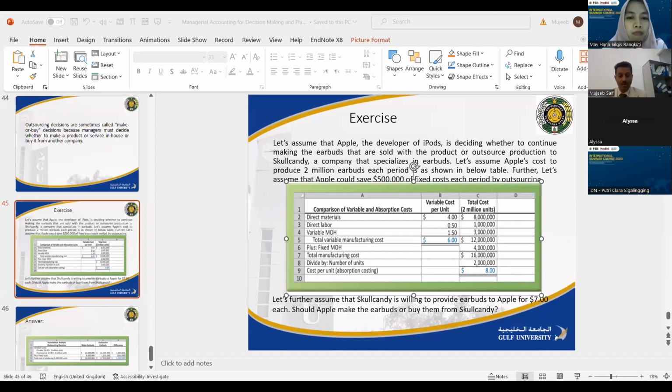Otherwise, we will not be able to use managerial accounting if we don't understand cost accounting and there is no information provided by the financial accounting.